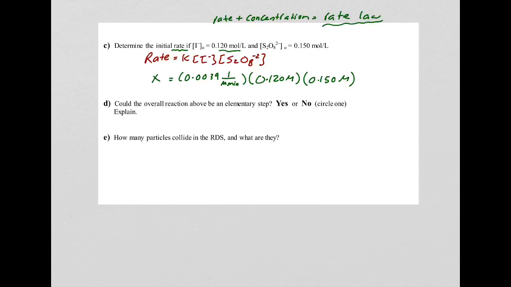Now, you're going to solve for the rate. When you solve, you're going to end up getting 7.0 times 10 to the minus 5. What is the unit? Molarity over minutes. That has to be molarity over minutes. And I want you to look at how these cancel out.